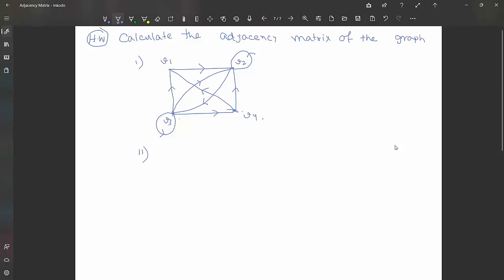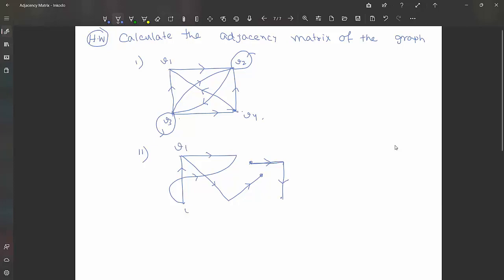And number 2, take it like this. Now just draw these two edges, and here also the same thing, and here two of the vertices are given like this. So this is one graph, and here this is a disconnected graph.